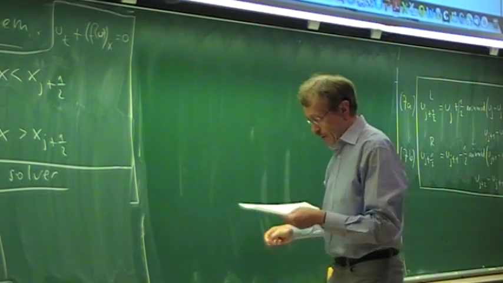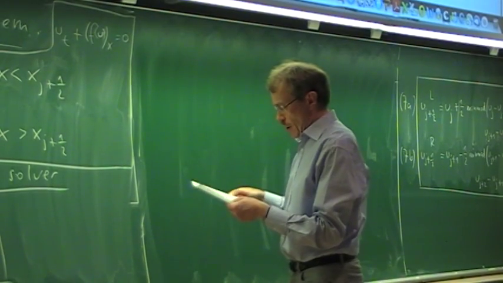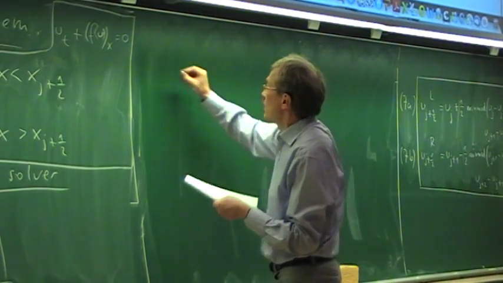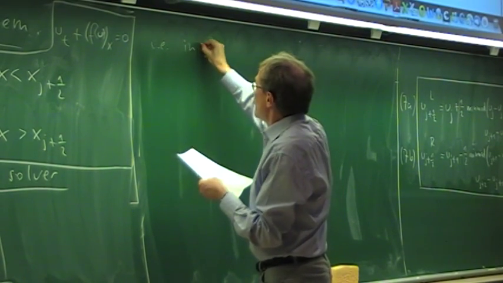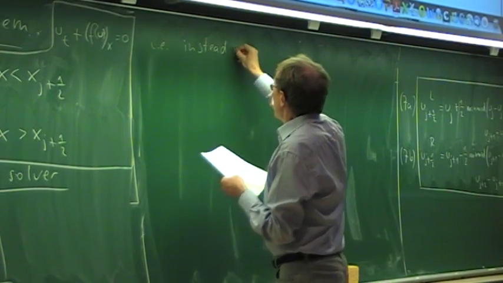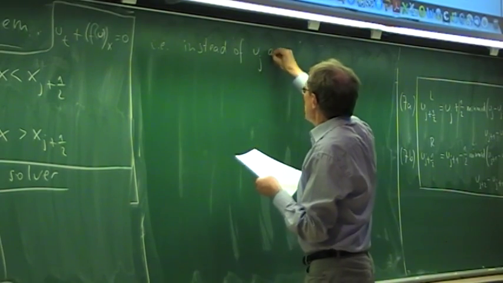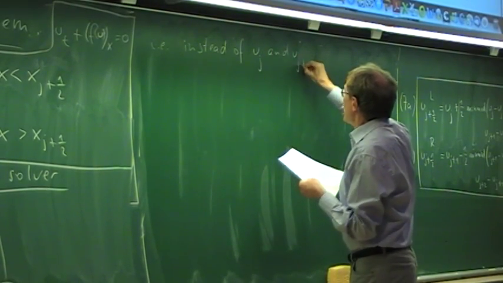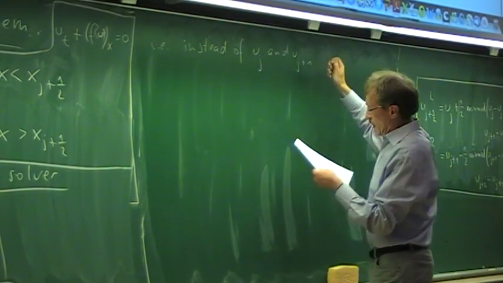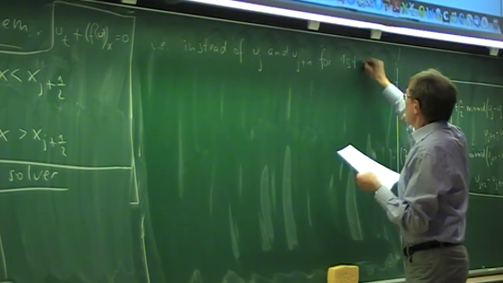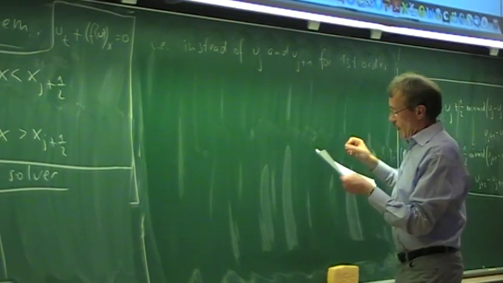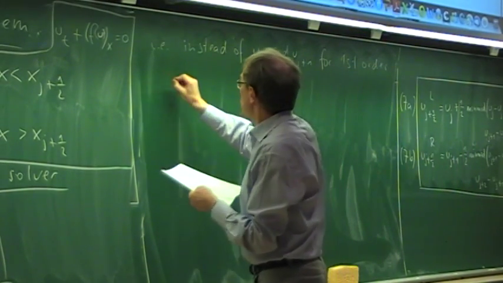So they are then used instead of u_j and u_{j+1} for first order schemes.